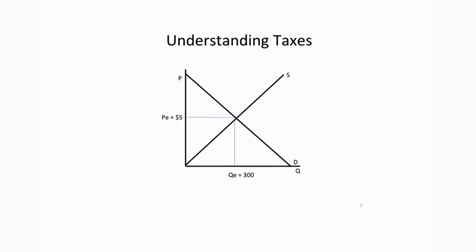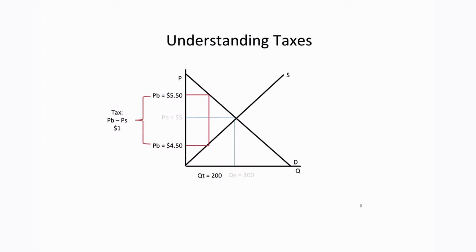Before the tax, we see that we are at an equilibrium point. Here, at this price, PE, the price for the buyer and the price for the seller are exactly the same. Quantity demanded is equal to quantity supplied. So our market clears. There are no distortions.